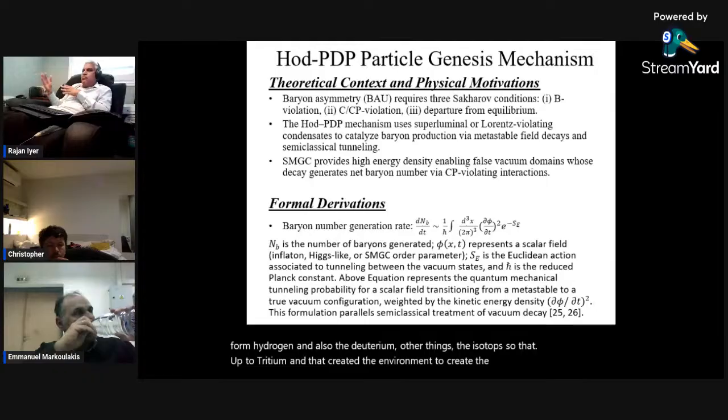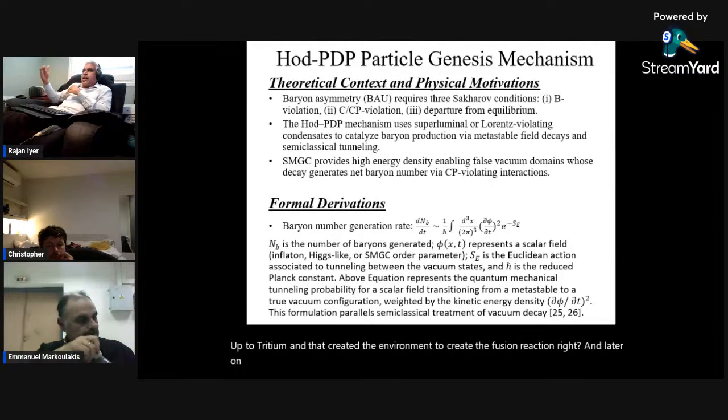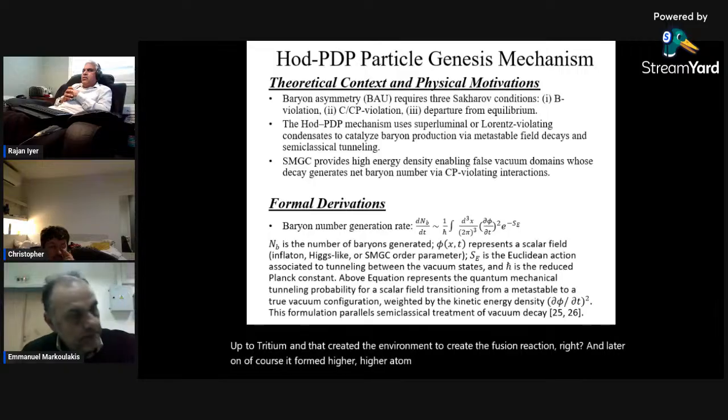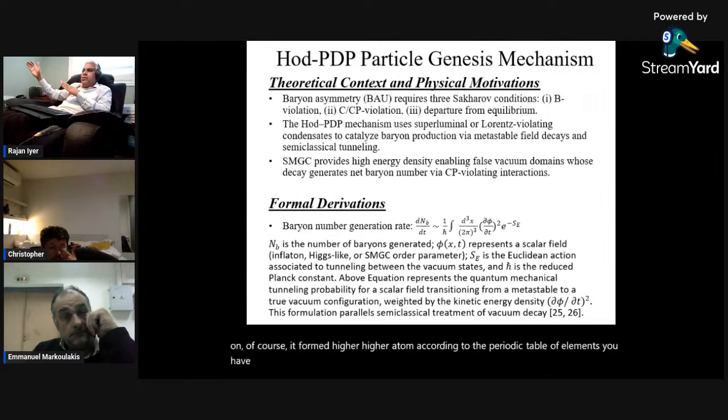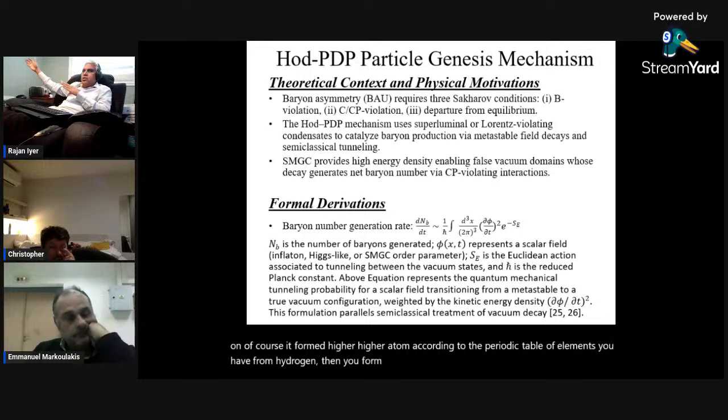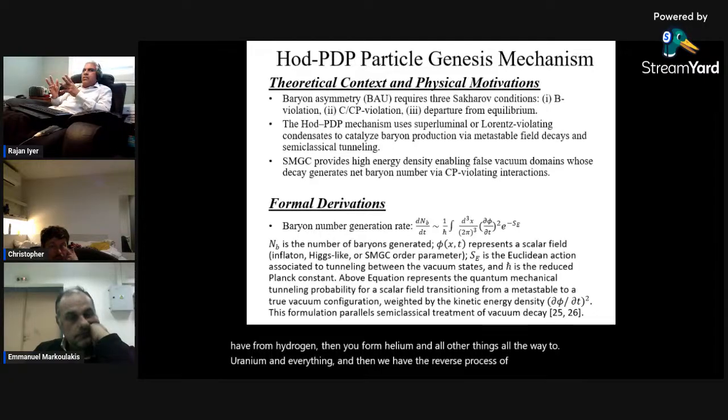And later on, of course, it formed higher atoms according to the periodic table of elements. You have from hydrogen, then you form helium and all other things, all the way to uranium and everything, and then we have the reverse process of fission occurring inside the planets.